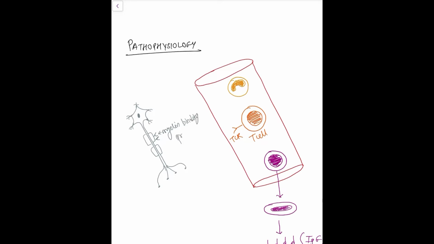This interaction leads to a release of certain cytokines like IL-1, IL-6, tumor necrosis factor alpha, and interferon gamma. IL-1, IL-6, and tumor necrosis factor alpha will lead to vasodilatation, diapedesis.